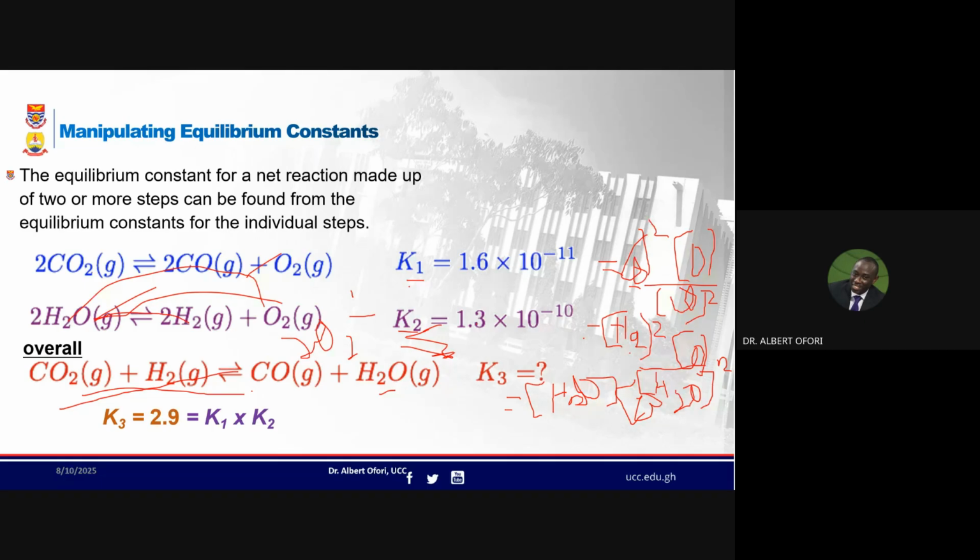So that's the concept, and that's how the oxygen crosses out. It's just 1 over, I think, let me take it to a whiteboard if I can open my whiteboard because it's getting messy here.